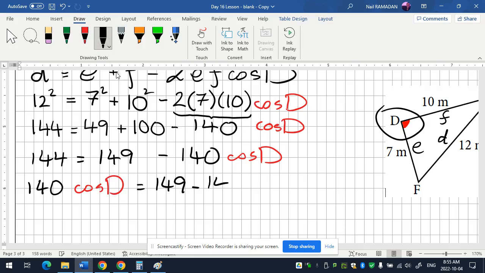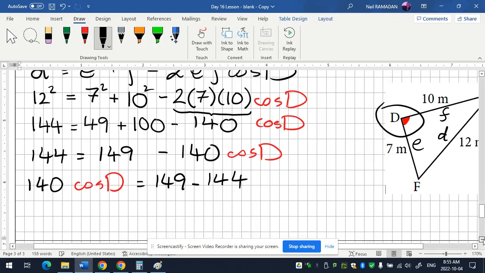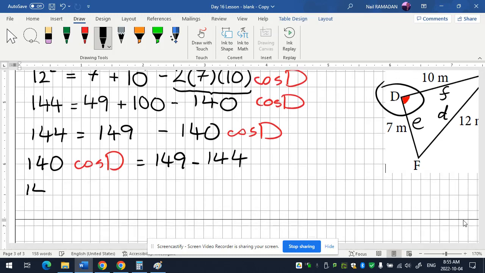All right, almost there. So 140 cosine of D equals, what's 149 take away 144? 5.